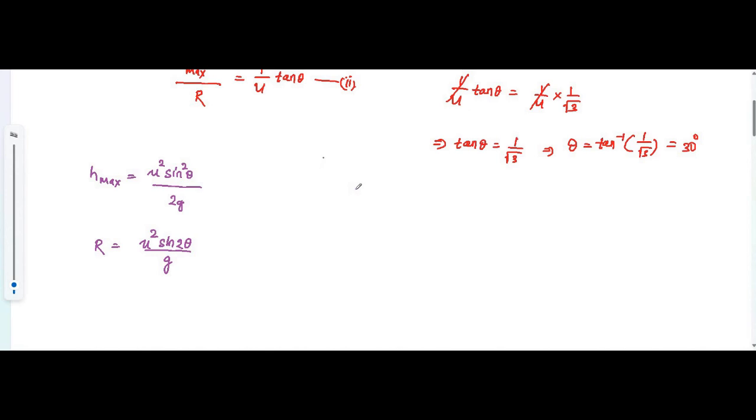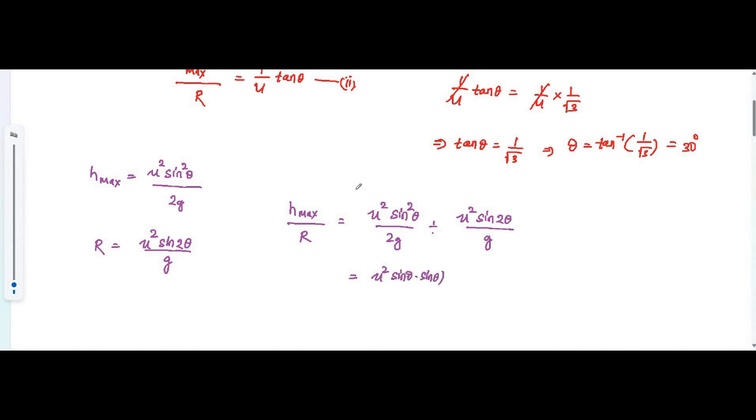So now here if we do that, H max by R, it will be equal to u square sine square theta by 2g divided by u square sine 2 theta by g, which is equal to u square, let me write it as sine theta into sine theta.